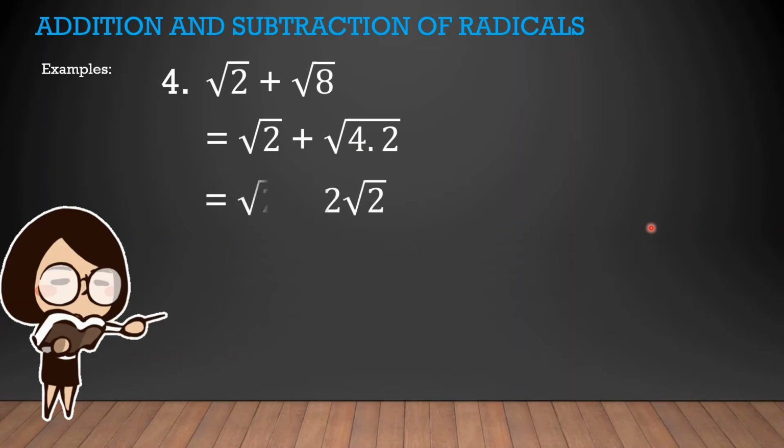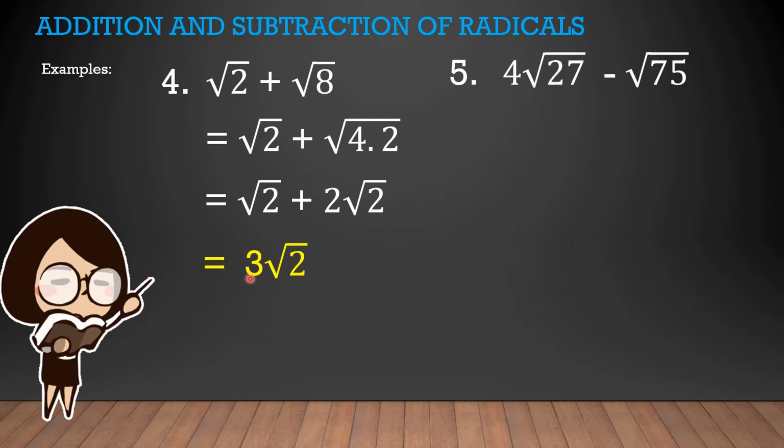So, square root of 2 plus 2 square root of 2, because the square root of 4 is 2. Then, now we can combine. So, 1 plus 2 is 3 and the radical is square root of 2. So, we have 3 square root of 2, the final answer.